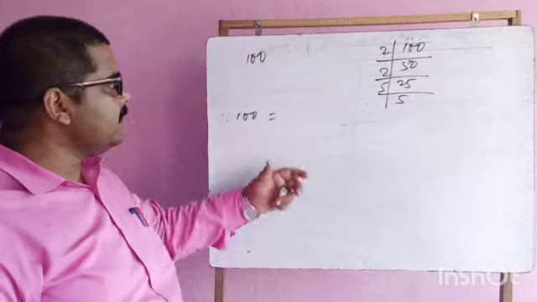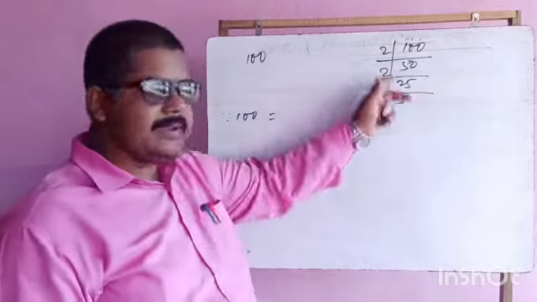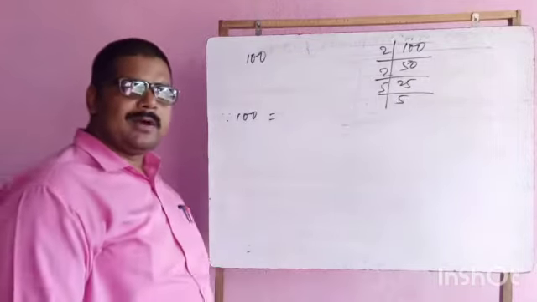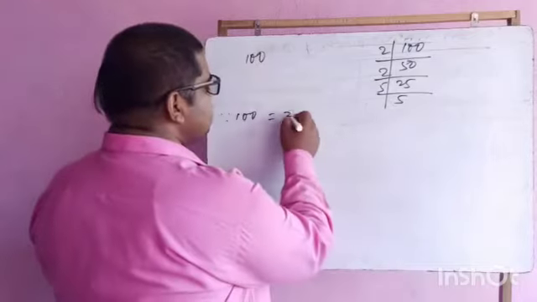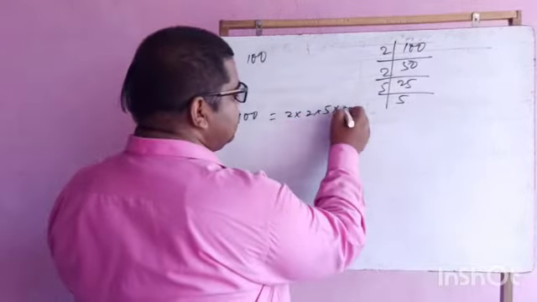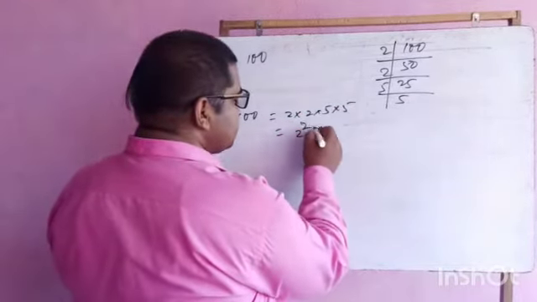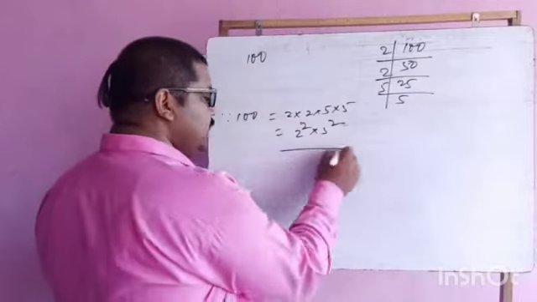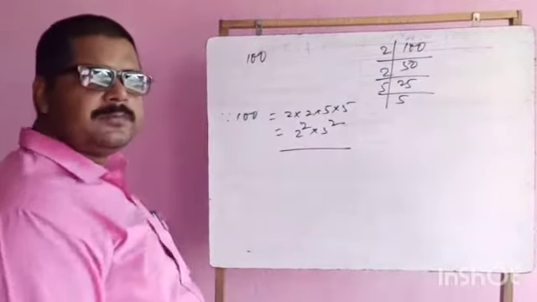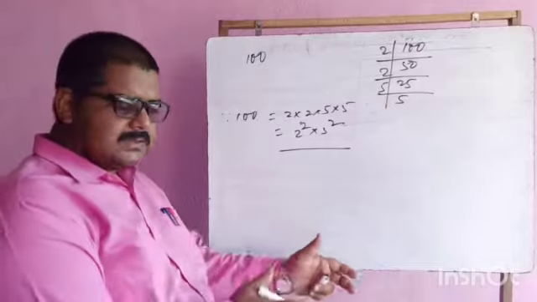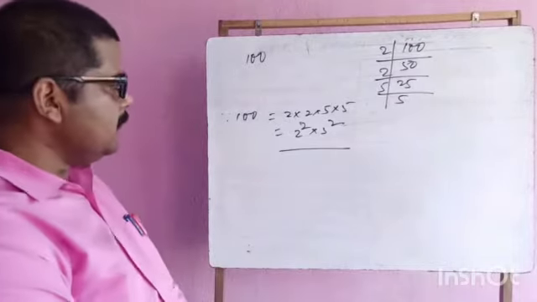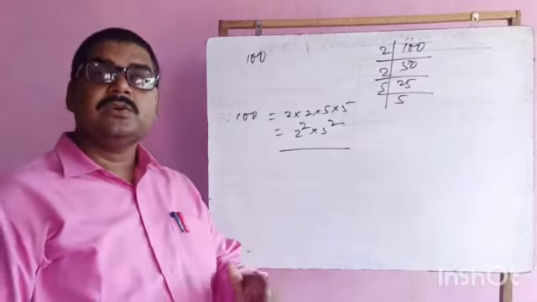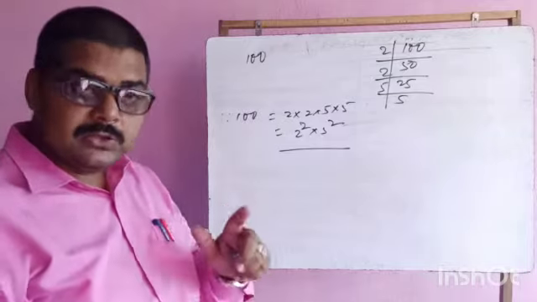In the case of 100, when you do prime factorization, you get 2 into 2 into 5 into 5. It means 2 square into 5 square. Since it is not in the form of a cube, 100 is not a perfect cube.